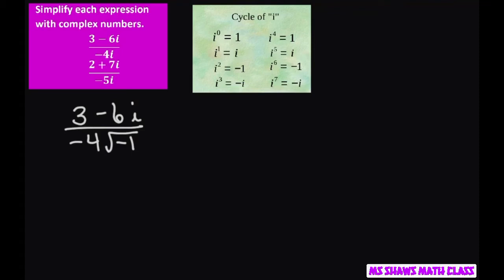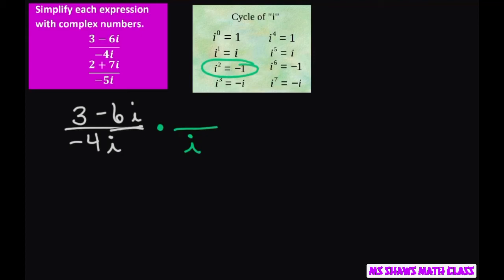And for math purposes, we do not like radicals in the denominator because the higher you go in mathematics, the more complex the expressions and equations get, and it's hard to simplify those if there's a radical in the denominator. So we're going to simply multiply the denominator by i, and that's going to get rid of that because i times i is negative 1.